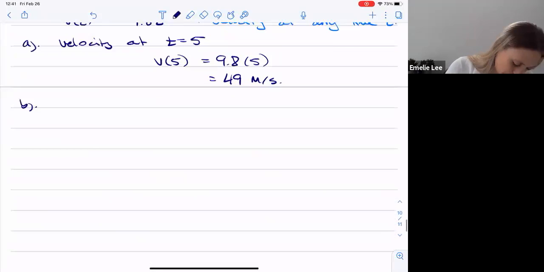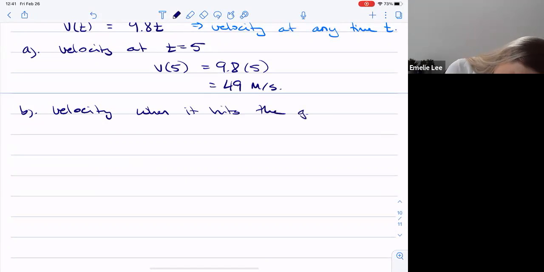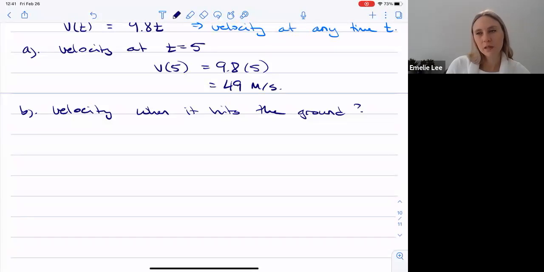I'll just summarize here: the velocity when it hits the ground, question mark. Right. Means that we need to find when it hits the ground.